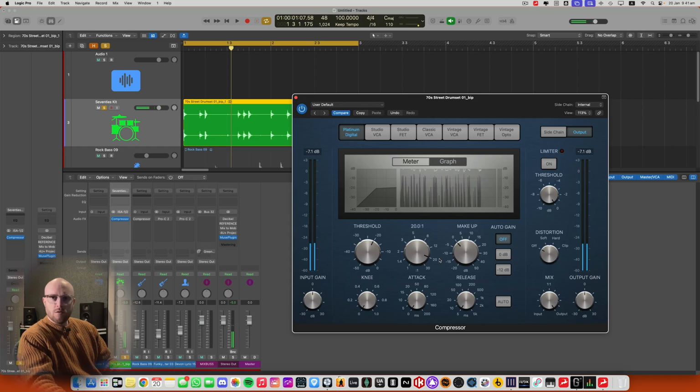Okay, now I've got some quite aggressive compression. I'm going to back off this ratio so it's not compressing so aggressively, because at 20:1, we are compressing by a ratio of 95%.